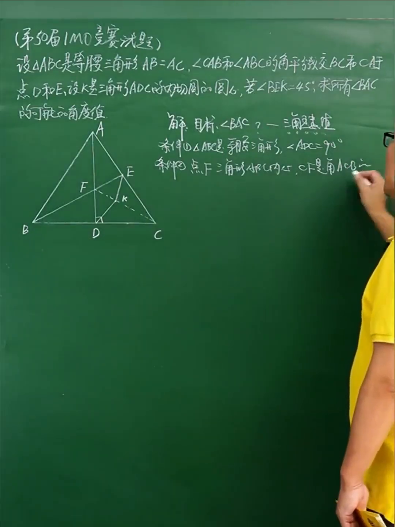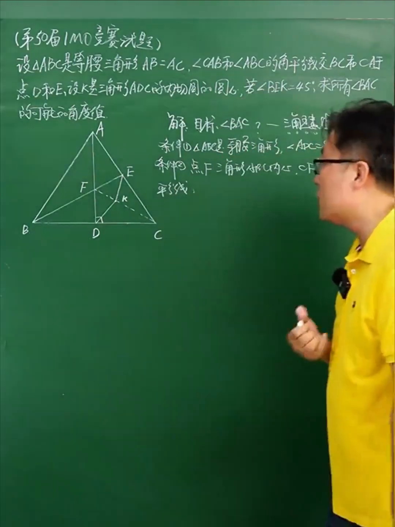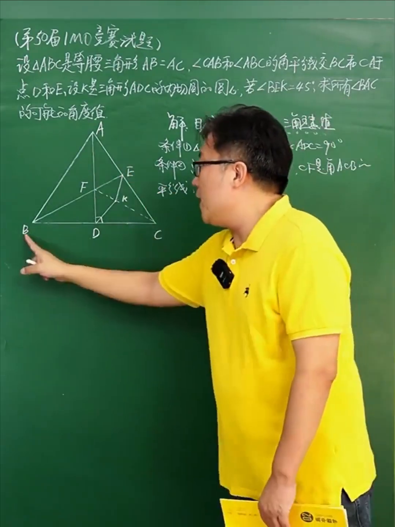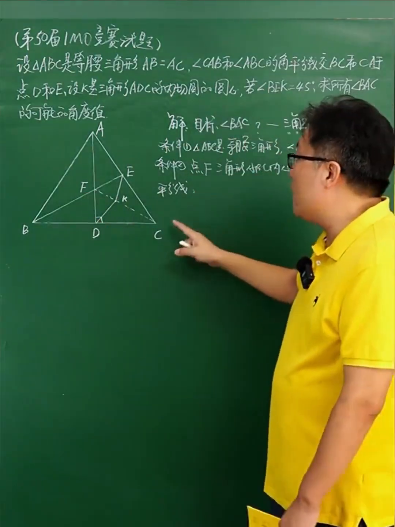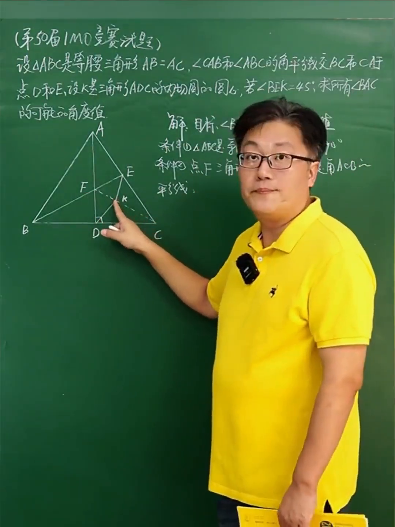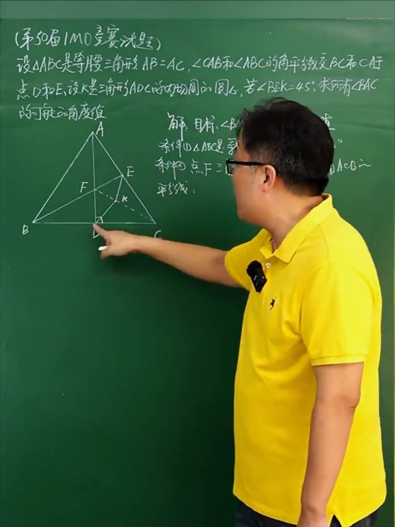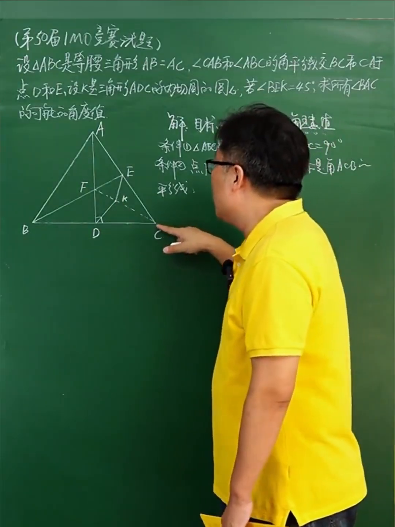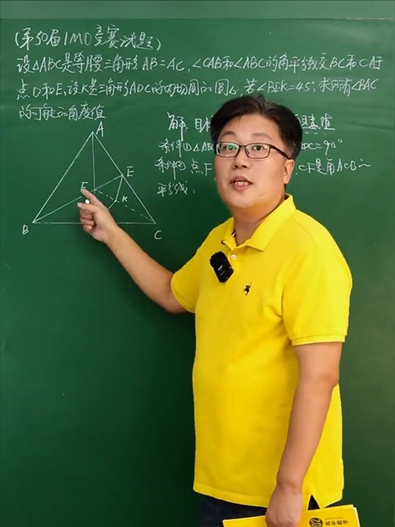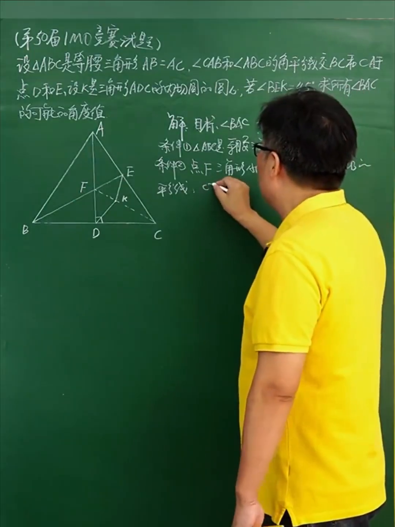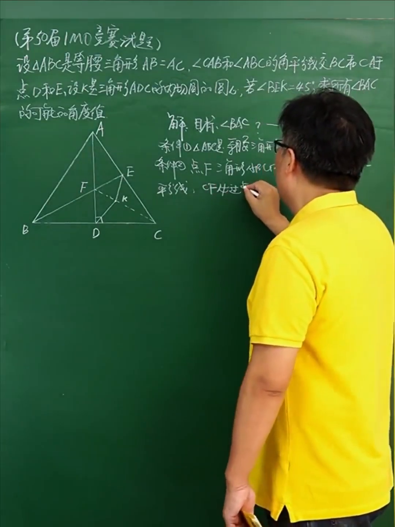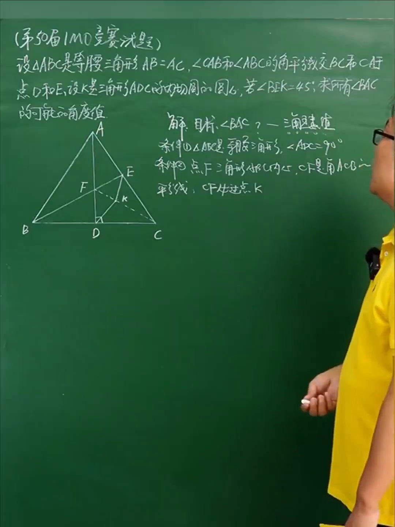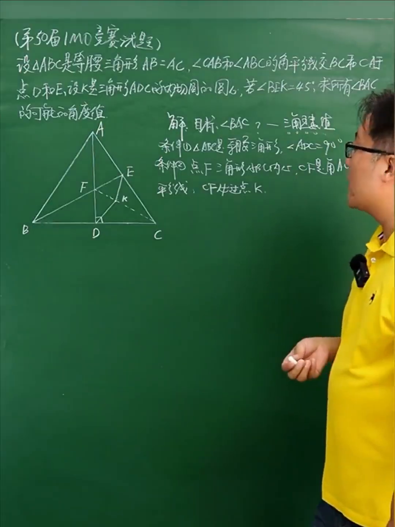Keep up, everyone, because there's a lot of information. Since CF is the angle bisector of angle ACB, then CF clearly passes through point K, because point K is the center of the incircle of triangle ADC, so it will definitely pass through the angle bisector of angle ACD. Therefore, line CF passes through point K. These are the basic pieces of information we've extracted from the problem.